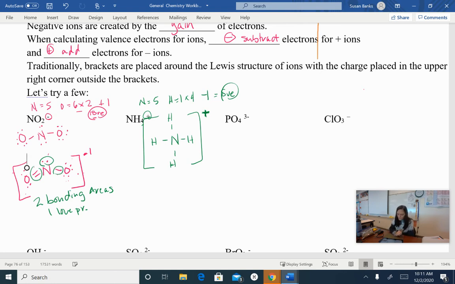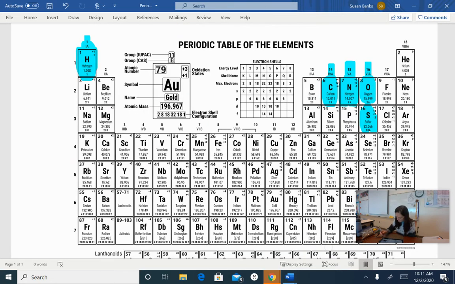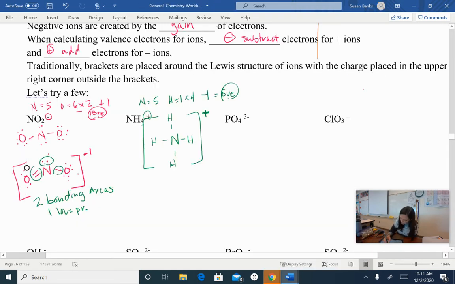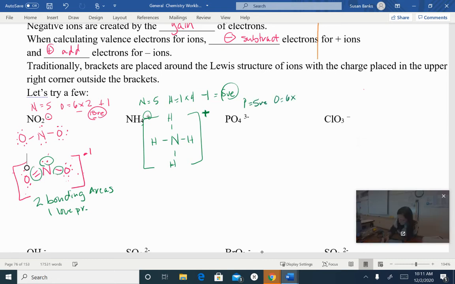Okay, phosphate. Here we go. Phosphorus has 5 valence electrons. Oxygen has 6. So let's do this. Phosphorus has 5. Oxygen has 6, and I'm going to times it by 4 because I've got 4 oxygens.